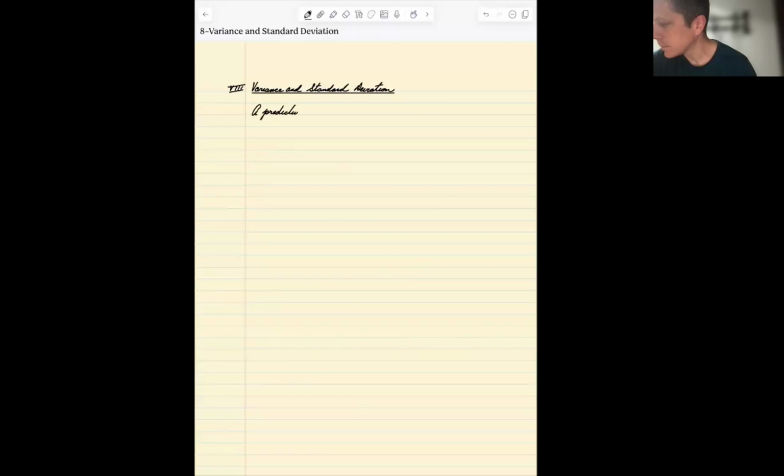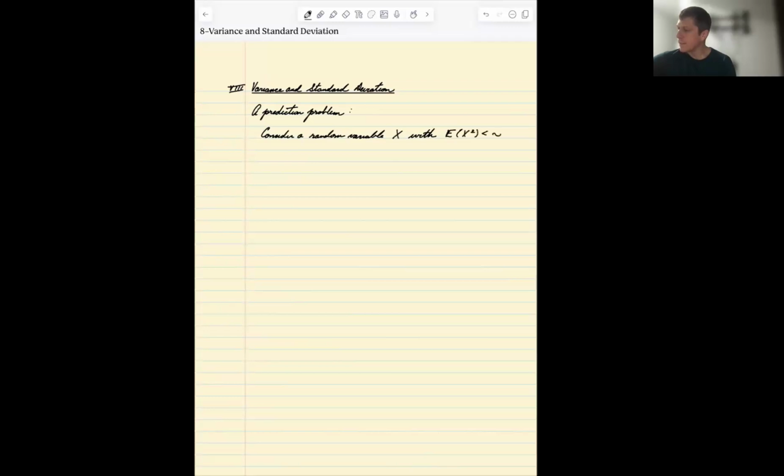So suppose that we have a random variable called X. And for technical reasons, we're going to assume that the expectation of X squared is finite.